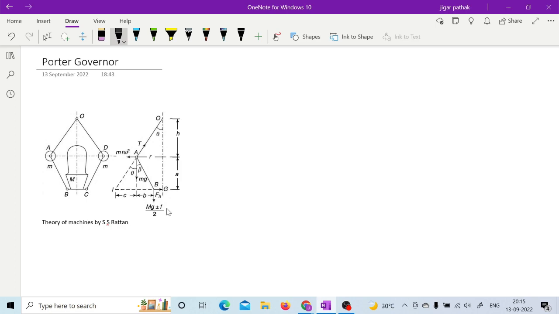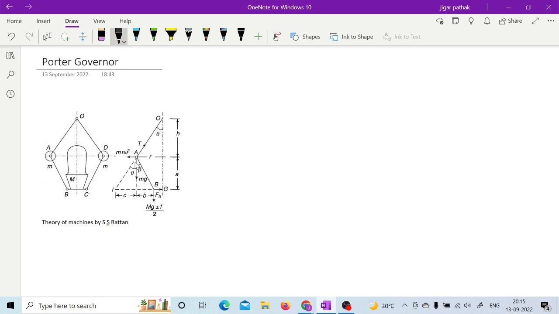When the sleeve is going to move upward, that frictional force is going to help, so at that time it will be Mg plus F. When the sleeve is going to move downward, the frictional force is going to work in the upward direction, so at that time it will be Mg minus F. So this is how you will have Mg plus or minus F by 2 acting at the sleeve, and they have considered only the half portion here. So for the Porter governor, the only change is the extra mass on the sleeve.